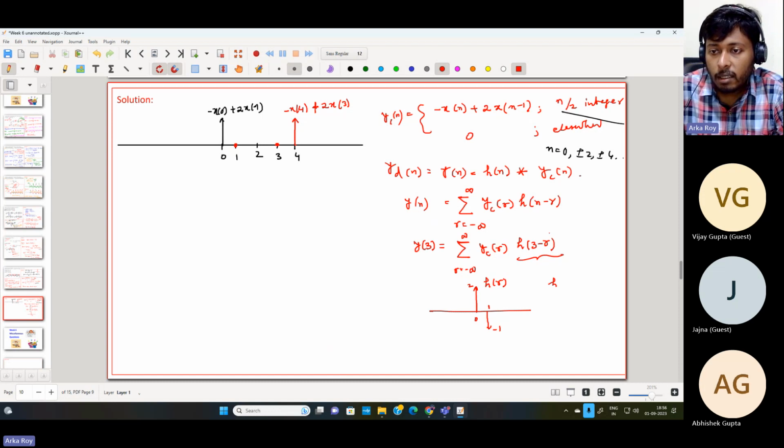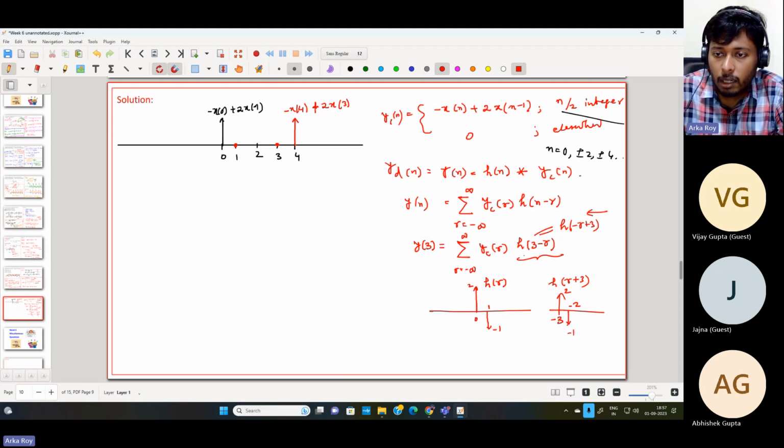Second operation, we can write this as h of minus r plus 3. In the first lecture itself, I had told that for this composite operation, we look at the signal from right to left. So in the right, the operation is advancing the signal by 3. So h[r plus 3] will go to minus 3 and minus 2, with values minus 1 and 2.